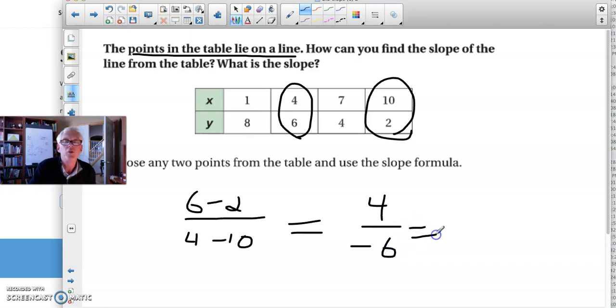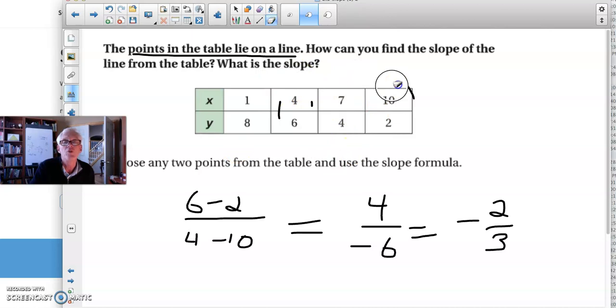That simplifies to a slope of -2/3. Even though it's just a bunch of numbers, realize they're ordered pairs. You can subtract, rise over run, and you can get your answer.